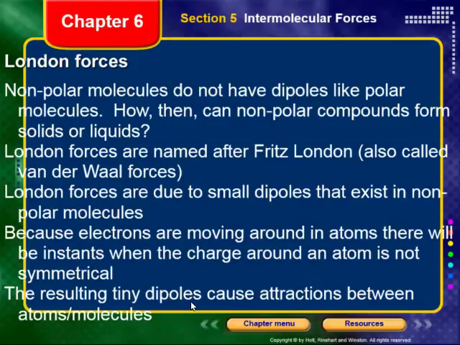The electrons are not evenly spread out around that nucleus. Now, it's only going to be for an instant, but this results in a small dipole, small partial positive, small partial negative, but now we have the basis for electrostatic attraction between atoms and molecules with whatever this compound is.